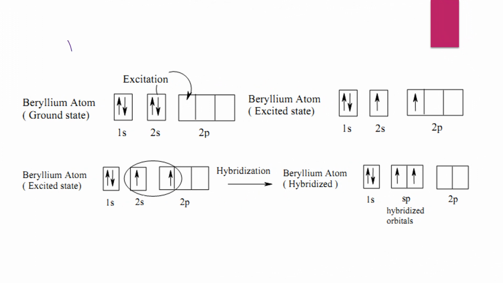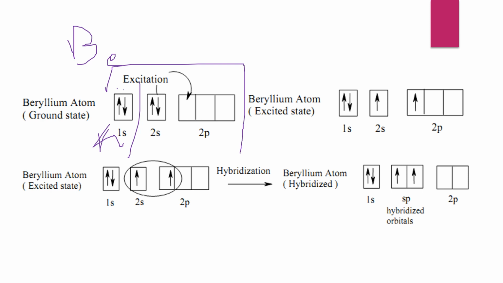First of all, for beryllium, Be. According to the electronic configuration, this is the ground state. Now, when we're talking about the ground state, we'll excite it. This is the K shell, so it will be filled by 2 electrons. But in the L shell, we'll fill all the orbitals one by one.